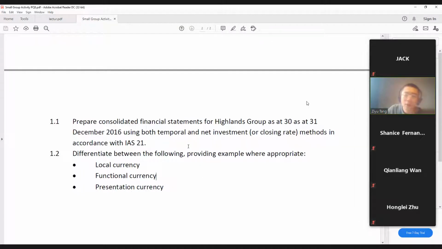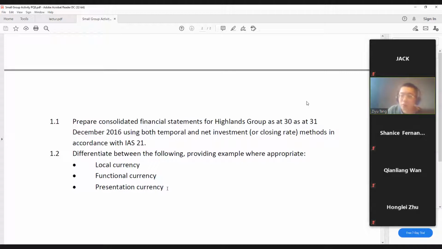So in your lecture, there is a very detailed discussion on those key points. You just combine it with your lecture and have a detailed discussion on these three different concepts.